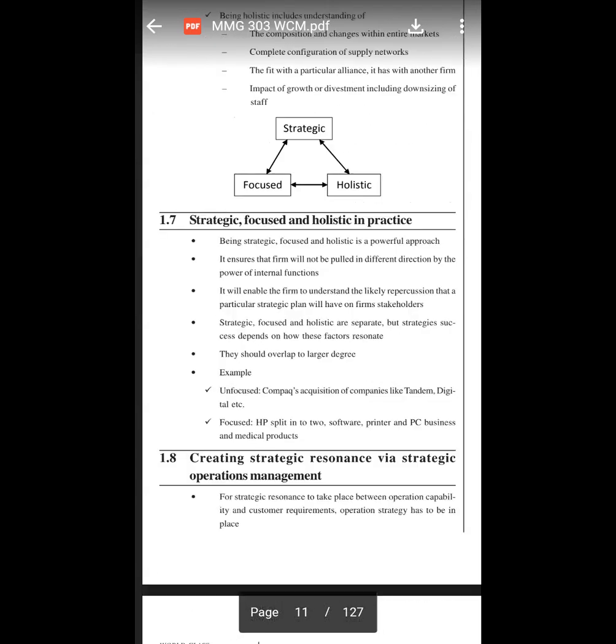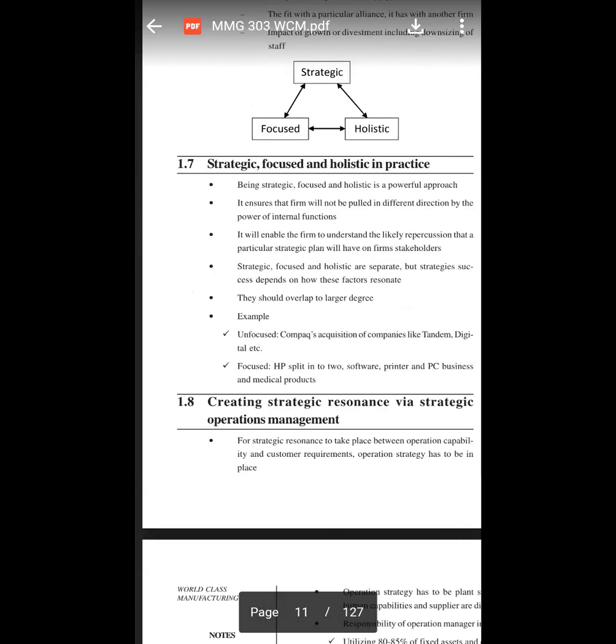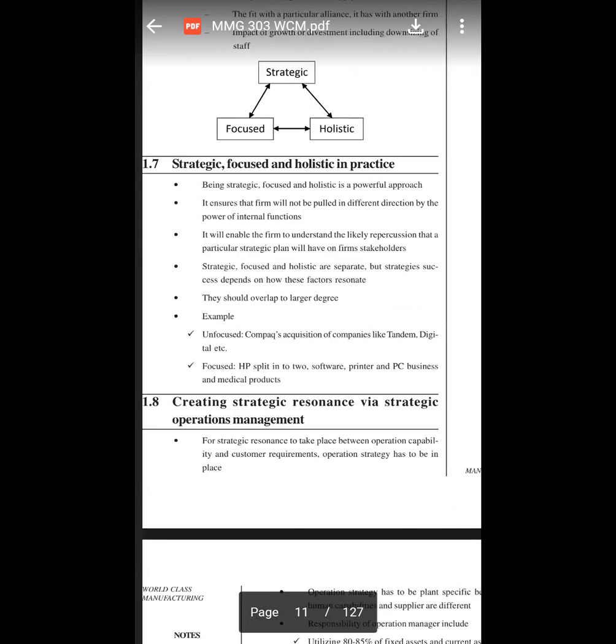Okay, strategies focus on holistics in practice. Being strategic, focused, and holistic is a powerful approach. It ensures that firms will not be pulled in different directions by the power and international functions.